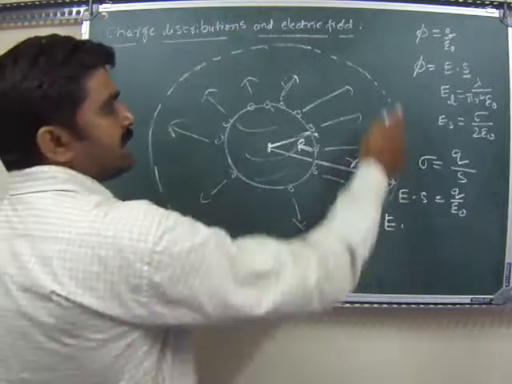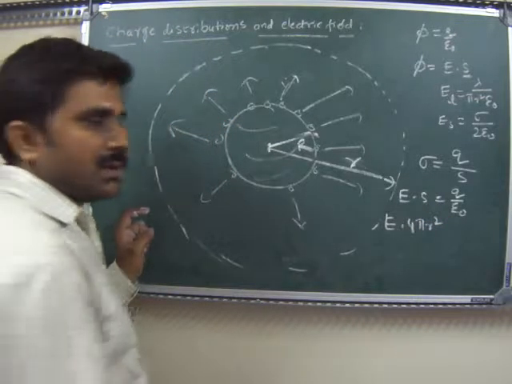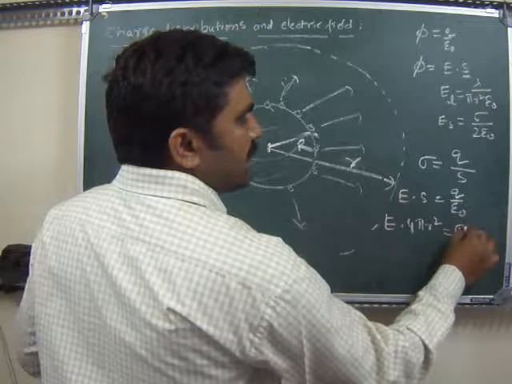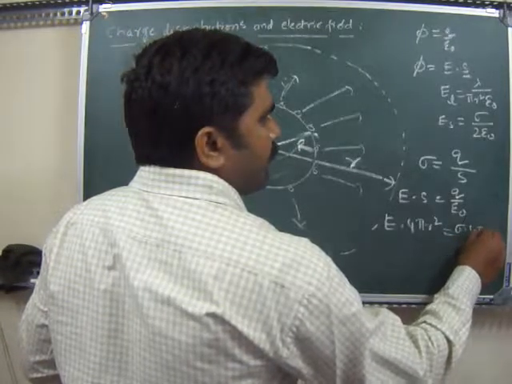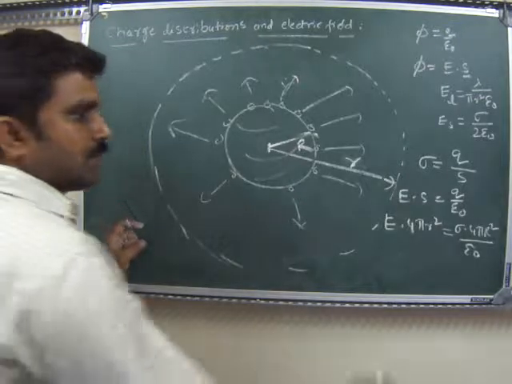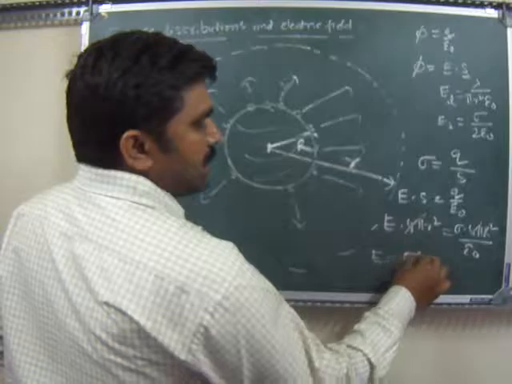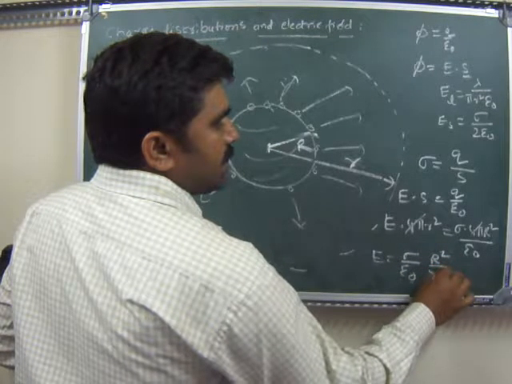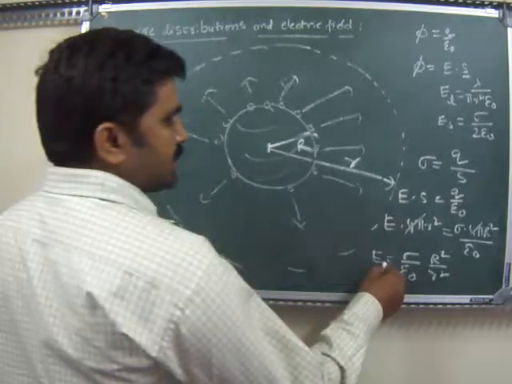The Gaussian surface area is 4 pi small r square, and Q can be written as sigma S, sigma into the charged surface 4 pi capital R square, by epsilon naught. So here 4 pi gets cancelled, and E is sigma by epsilon naught into capital R square by small r square, which is the field of a spherical charge distribution.